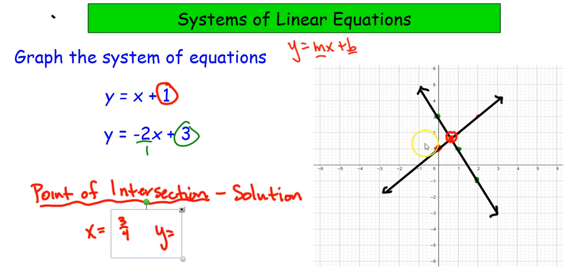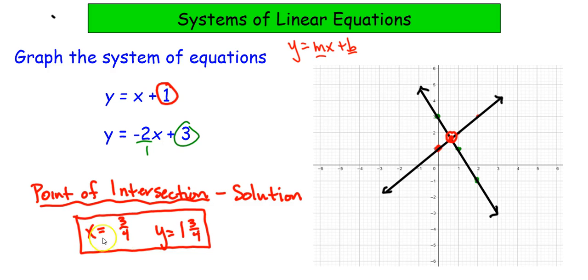And for y, we go up 1 and about 3/4, which gives us 1 and 3/4. So what we're really interested in, when we have one of these systems of equations, is finding where these things intersect, and that gives us our solution to the system. In other words, it allows us to find what x and y are.